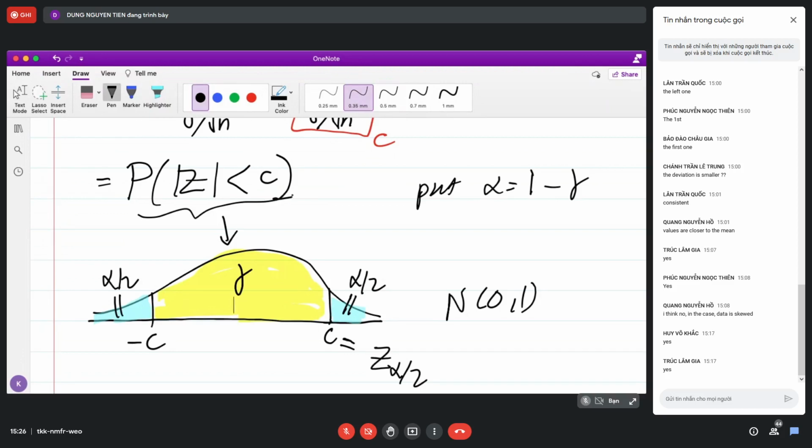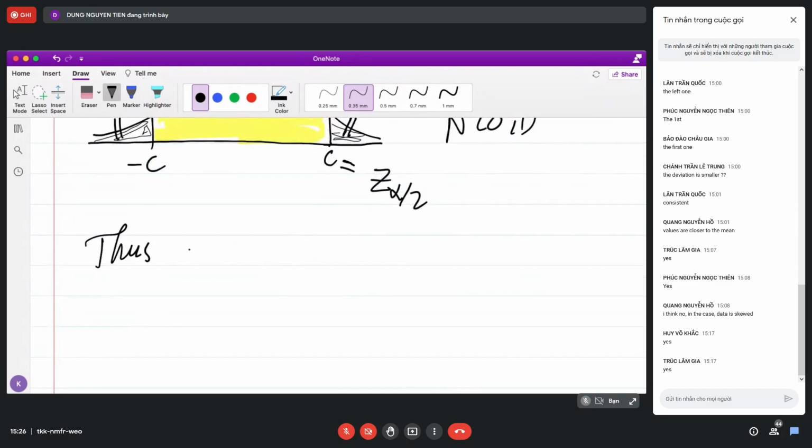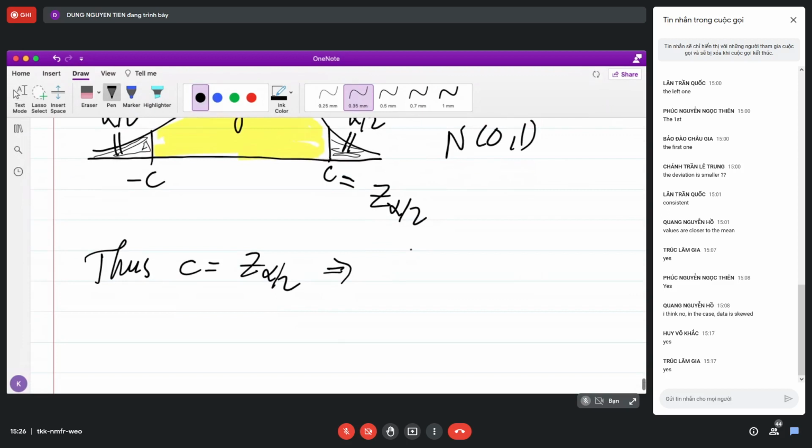So I can say that c is simply the z alpha over 2. Okay? If you know the value of c, we can say that epsilon over sigma over the square root of n is z alpha over 2. All right?